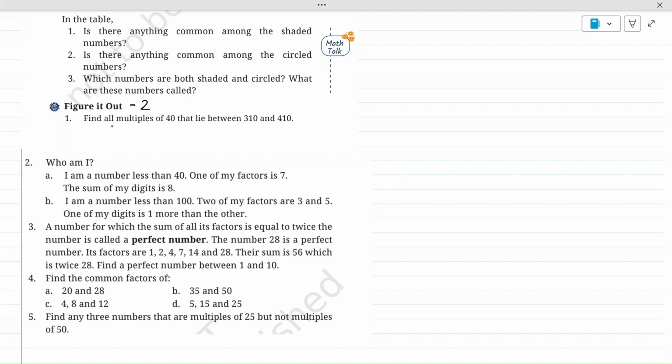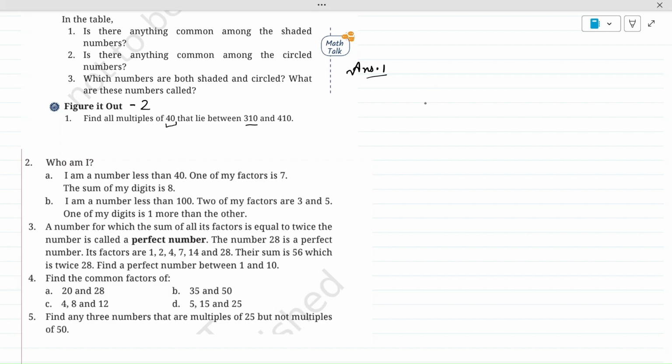Question number 1 is find all multiples of 40 that lie between 310 and 410. So let's pick this question. Answer number 1. What I'm going to do here is start with the table of 4 till it reaches the very next number after 310.